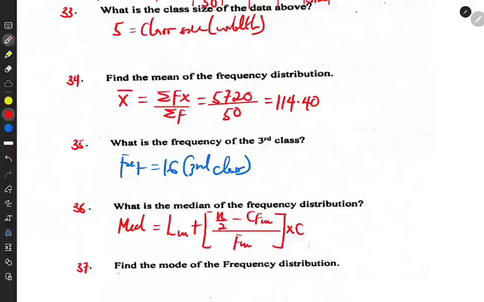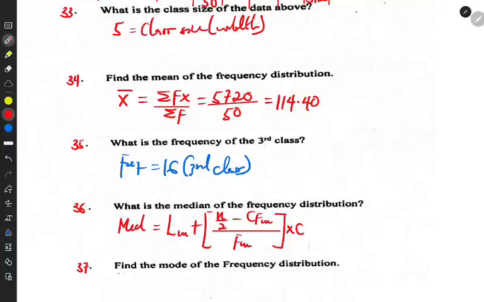The class size is C. So that means you have a column for cumulative frequency, and you already know the class size to be 5, so having a column or not, you are good to go. So we need to produce a column for cumulative frequency. But the L1 here also represents the lower class boundary of the median class.